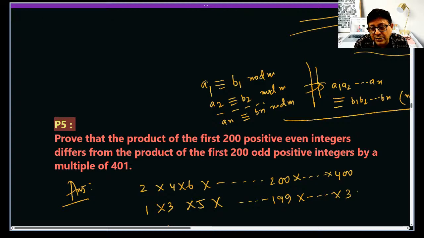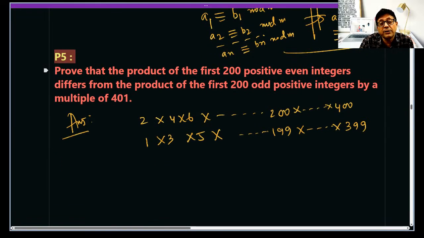And this thing till 399. I hope now I have done correctly. Everyone can check it. Product of first 200 positive even integers differs from product of first 200 odd positive integers by a multiple of 401. See how to answer this.